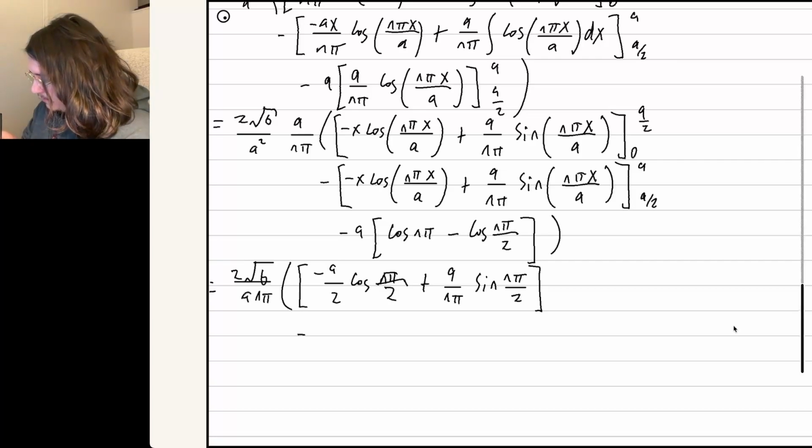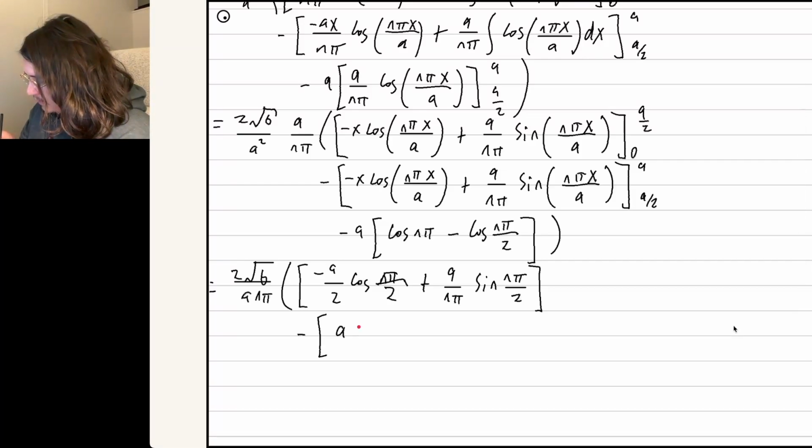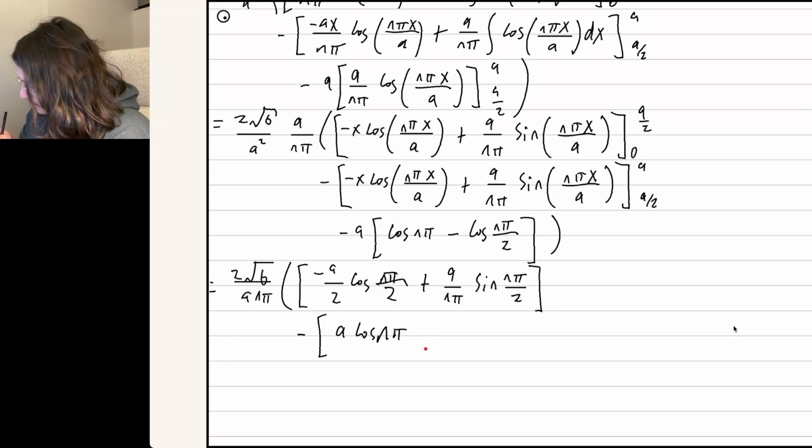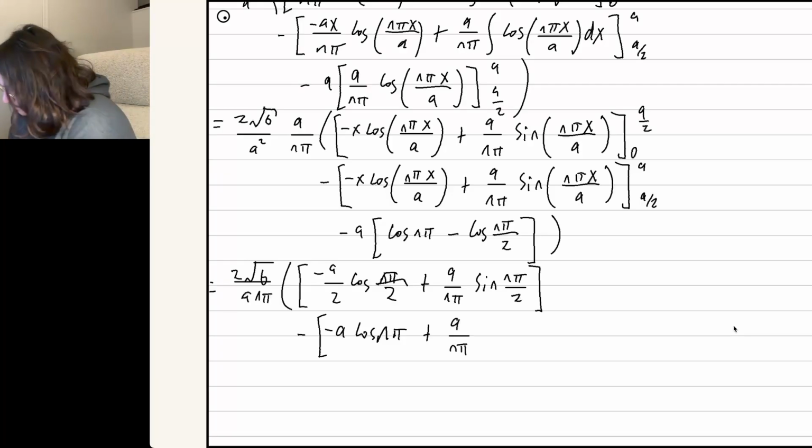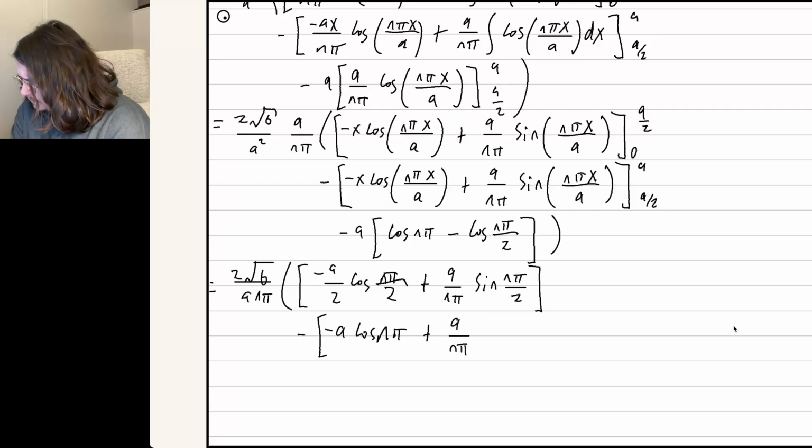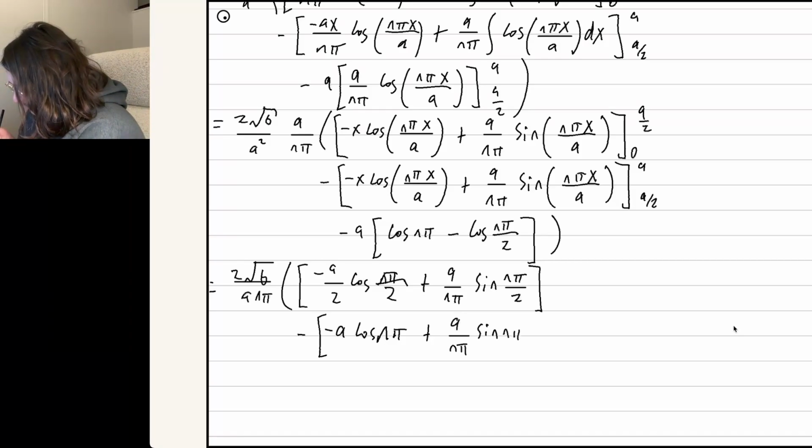That's the first term. We have minus a cosine of n pi, and then that's basically minus a cosine n pi, and then plus a over n pi times sine n pi, which is always 0, so don't even think about that term.